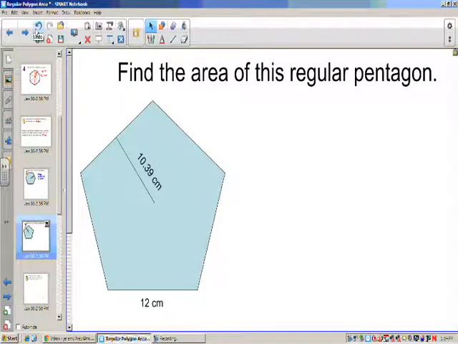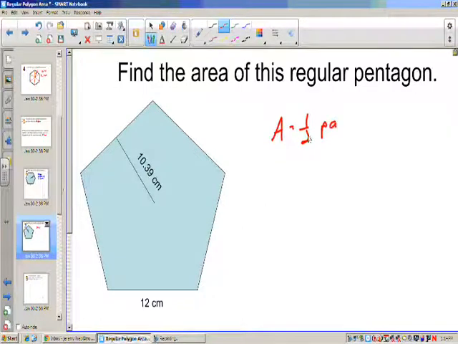Now let's find the area of this regular pentagon. So there are 5 sides. So we can do 1/2 perimeter times apothem. The perimeter is 12 times 5, which would be 60.